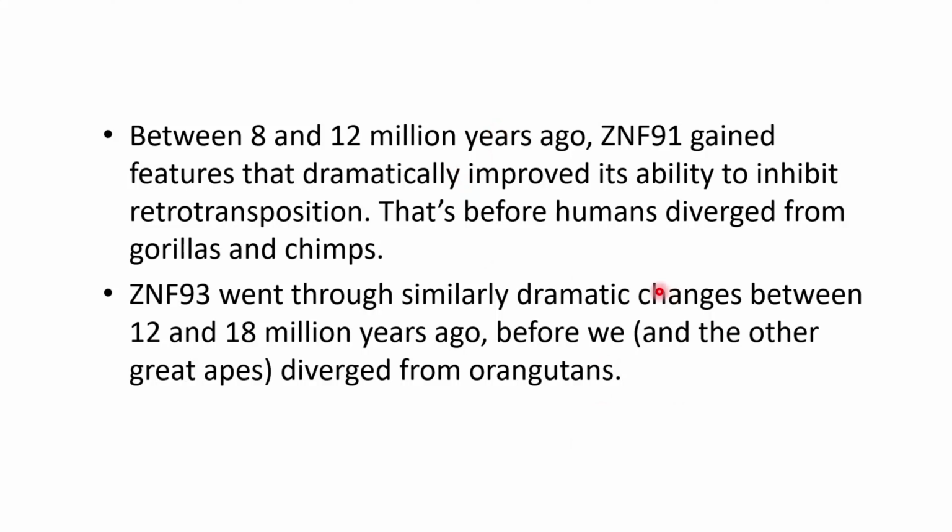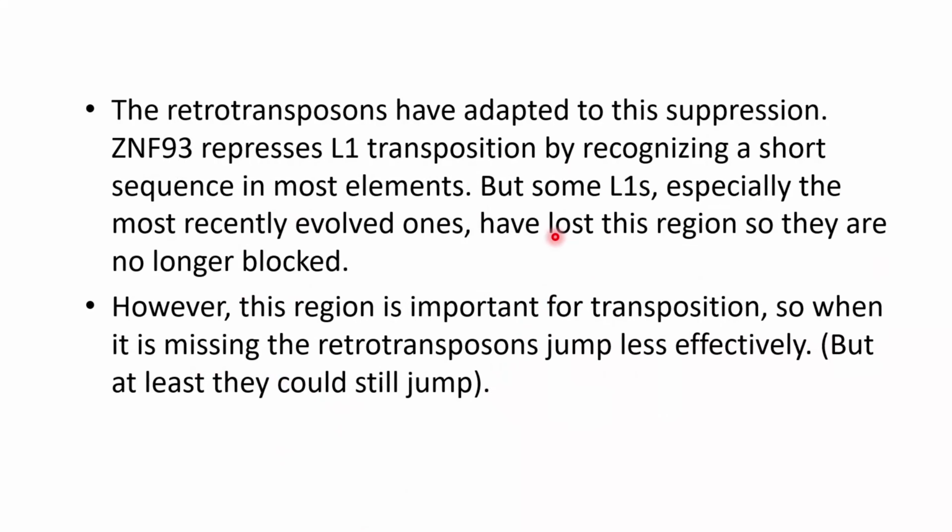So, you can read this if you're interested, but basically these two have evolved through time, and this is because the cell will prevent the transposon from being selfish, and then the transposon will gain mutations that will make it evade this new mechanism that is trying to shut it down, and then it just keeps going on.